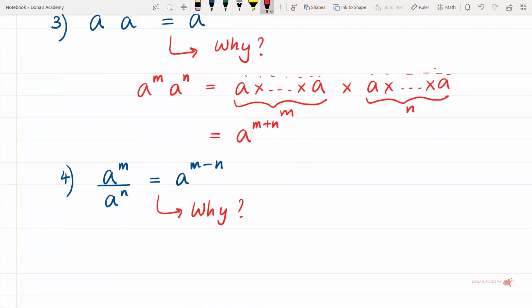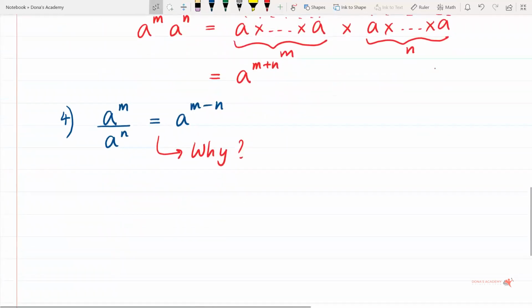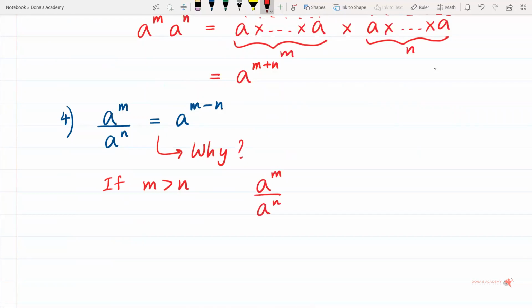Here actually we have to consider two cases. The first case I am considering is if m is greater than n. In that case, a to the power m divided by a to the power n is the same as, now I have m number of a's in the top.